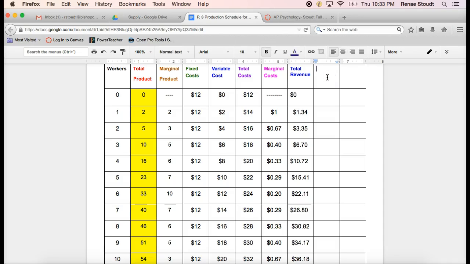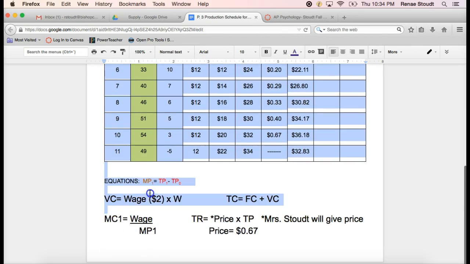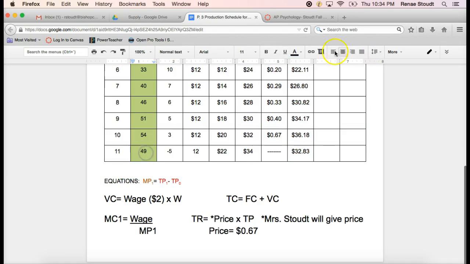Next column we're going to do is marginal revenue. If you remember, marginal revenue is how much extra I am going to make from selling one more airplane. Think about this: how much more am I going to get from selling one more airplane?